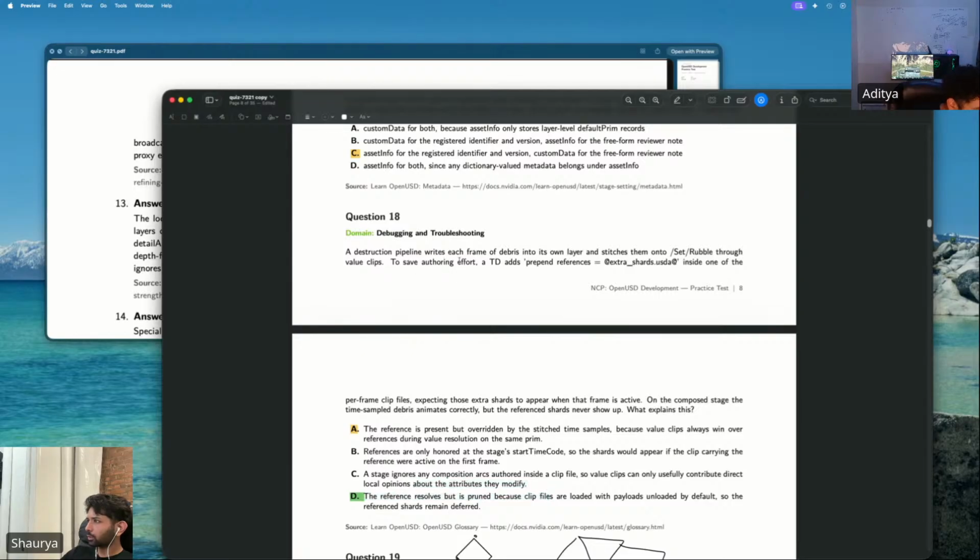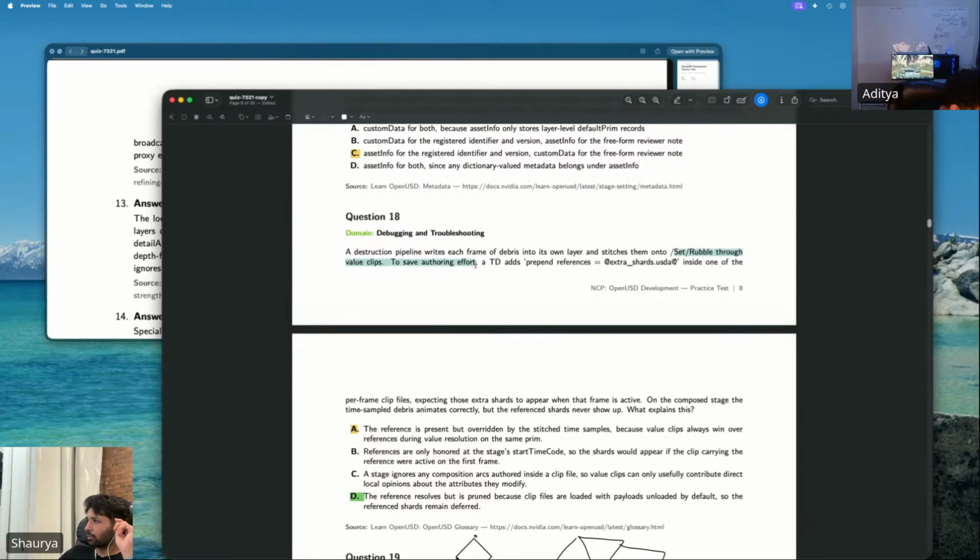Okay, to save authoring effort. But it should have worked, right? No, it won't work, because you cannot. That is the thing. A destruction pipeline writes each frame of debris into its own layer and stitches them onto the set rubble through value clips, correct? Now I understand this.